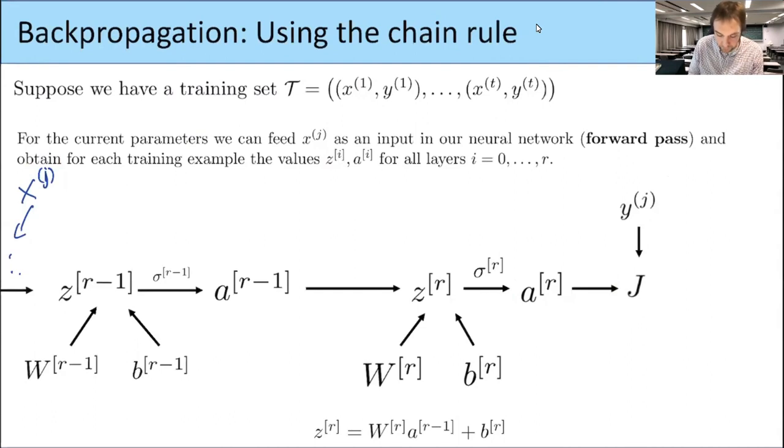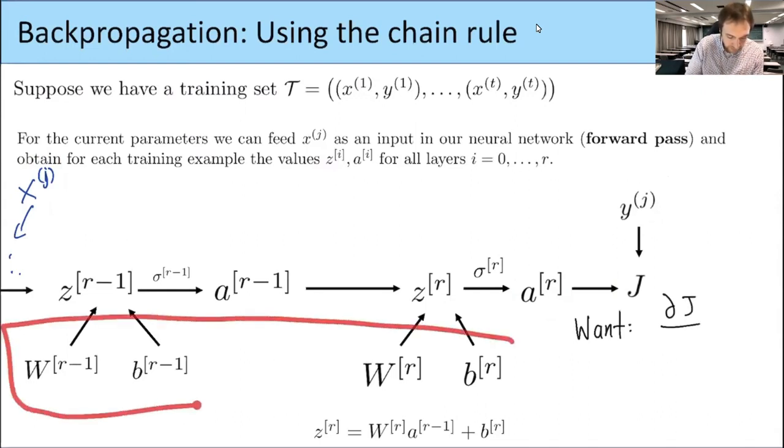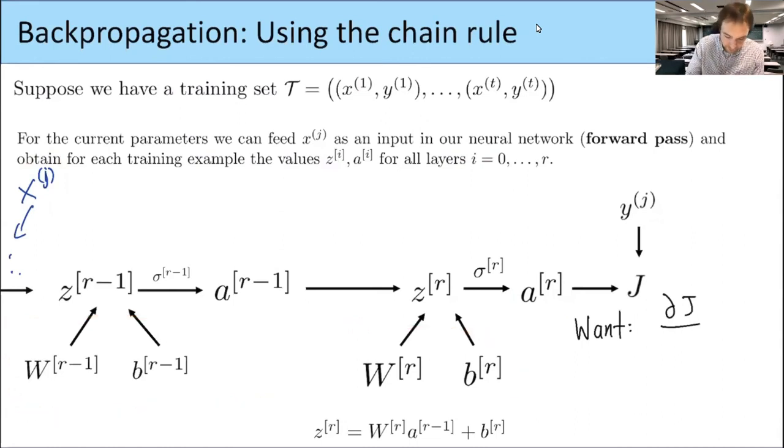So, as I said, what we want to calculate are the derivatives of this cost function with respect to these numbers which we are looking for, because these are the entries of the gradient. So we want the partial derivatives with respect to these matrices, and the partial derivatives with respect to the biases, where I goes through all layers.